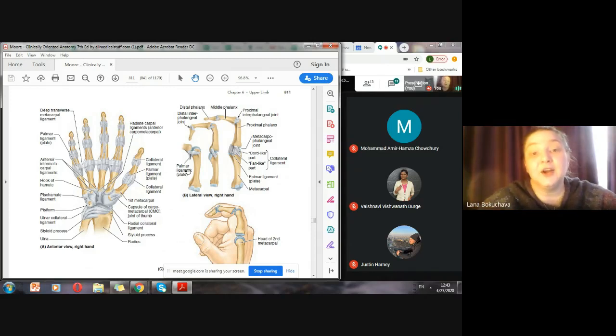Also, in the case of the interphalangeal joints, as you can see, we again have small collateral ligaments here. And what is most interesting for us is the movement which can be performed by the interphalangeal joint.